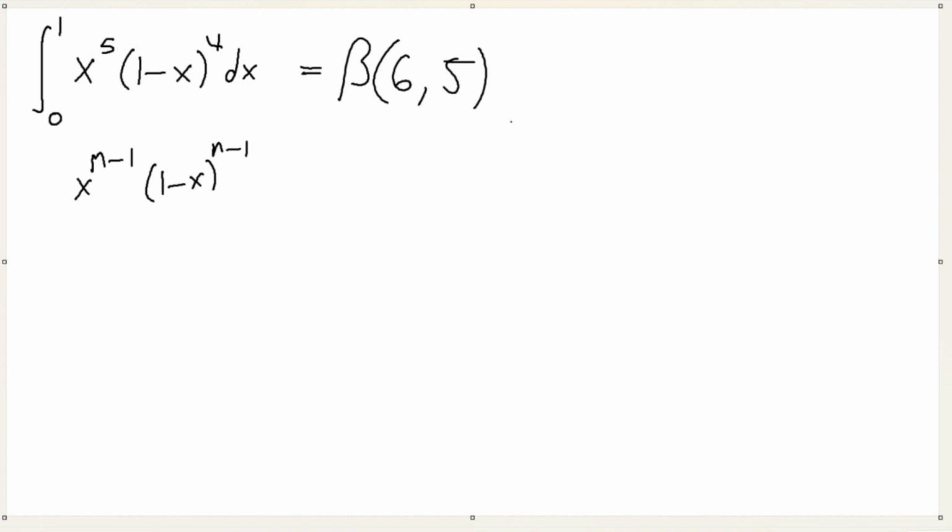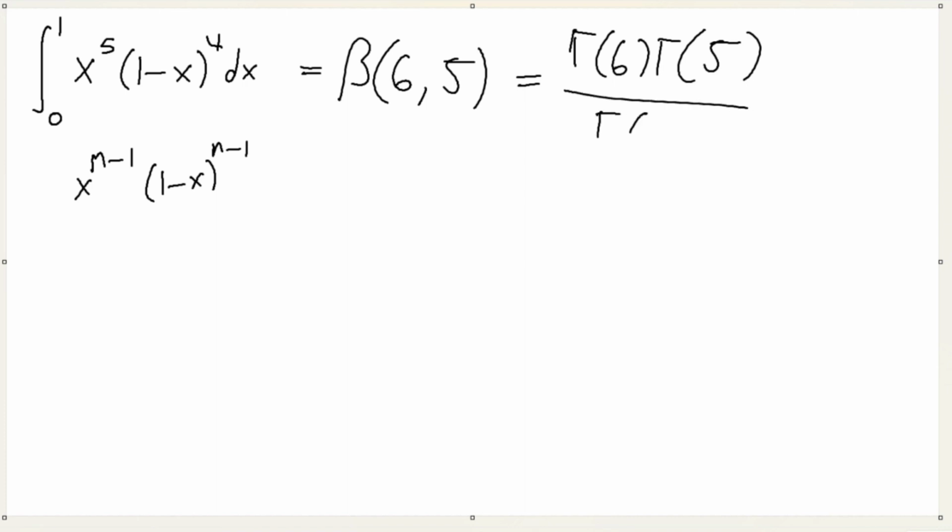This would be our beta function. So this is equal to, in terms of gamma, so that it's easier to not lose track. And then we can comfortably put it in factorial form. This is 5 factorial, 4 factorial, and this is 10 factorial, right?